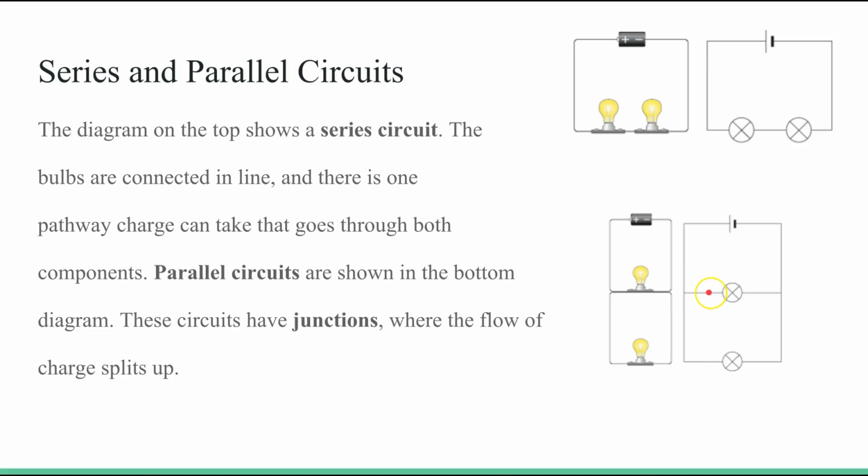Some of the charge will flow through this light bulb, and some of the charge will flow through this light bulb, and it will keep flowing through the light bulbs until it meets at this junction. This charge will go over here at this junction, and this charge will go at this junction, and they will meet up again to form this flow of charge and go through the battery. So it will split up at the junction.